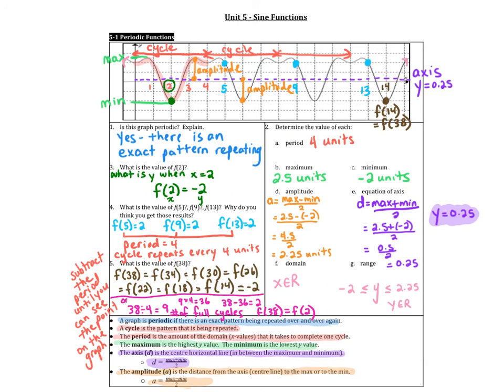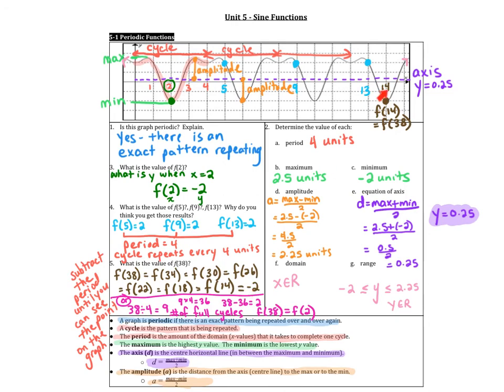You don't need to know this way. If this way didn't make sense, you can just take whatever that value is and keep subtracting the period. So the period is 4. So subtract 4, because every 4 units you're going to get the same value because it's a periodic graph. And you keep going until you can see the number on the grid.